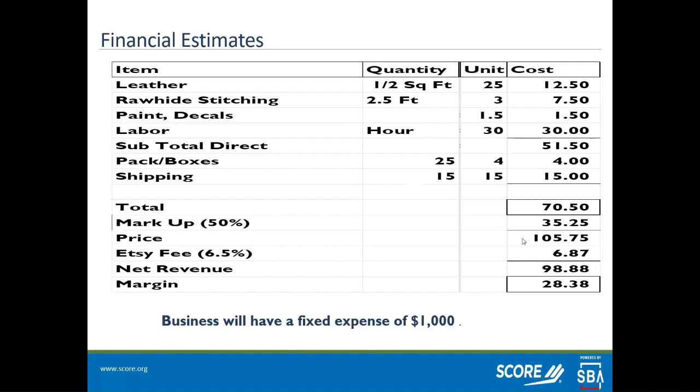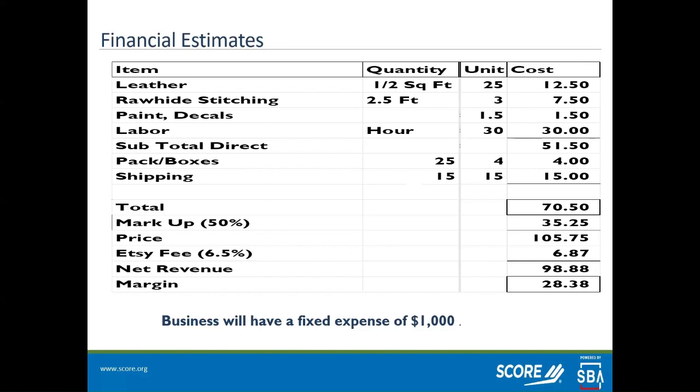Etsy, it's a flat fee for this purpose, 6.5%. So my net revenue is about $99, which gives me a margin, which is the difference between my revenue of $99 and my cost of 70. That is my margin. That's the profit and very close to the cash that results from that transaction.